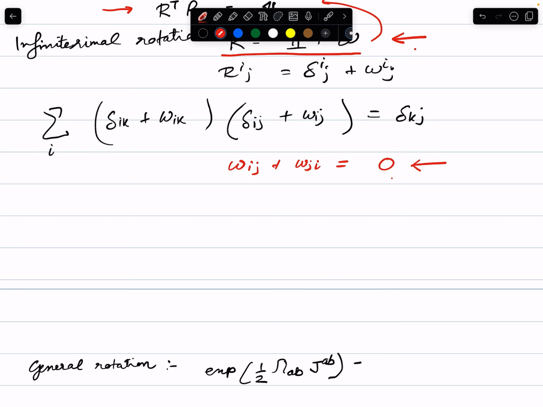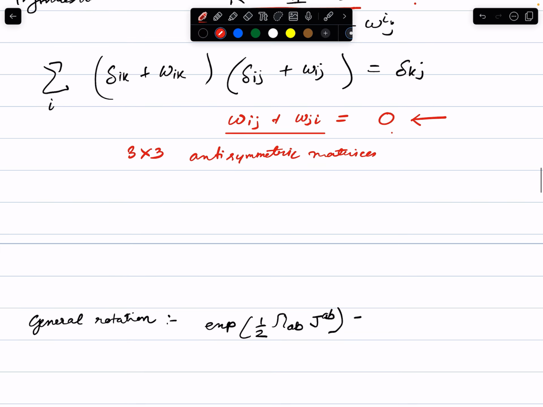And all possible values of omega are what we call the generators of rotation. So I can write down the basis of, this is 3 cross 3 because rotation is in 3 dimensions, so what is the basis of 3 cross 3 antisymmetric matrices? These matrices are called the generators of rotation.